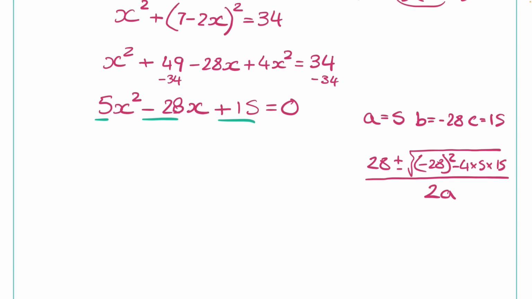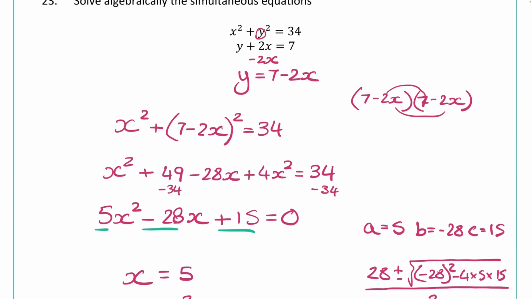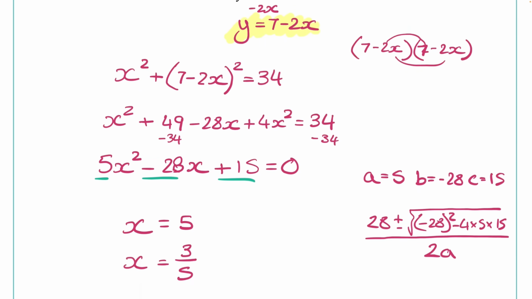Okay, so we can type that into the calculator. We can do it once with the plus and once with a minus. Just go back in, delete your plus for a minus, and we get two values of x here. We get x equals 5 and x equals 3 over 5. So there's our two values of x. We now just need to substitute that back in to either one of the equations. However, we do have an easier equation here, which is y equals 7 minus 2x.